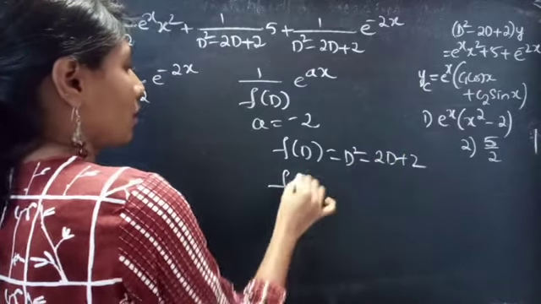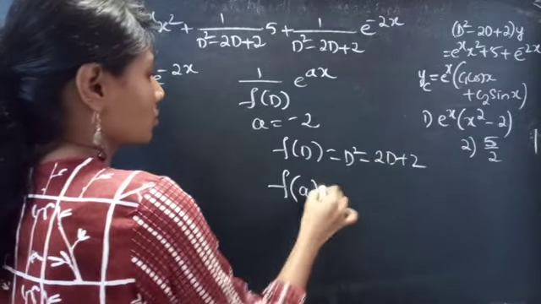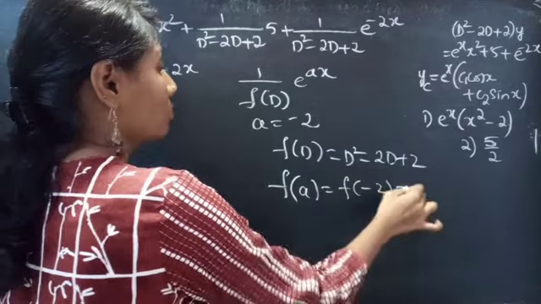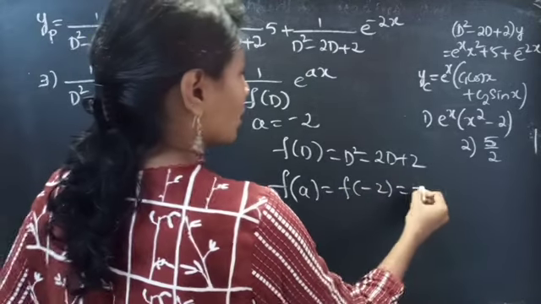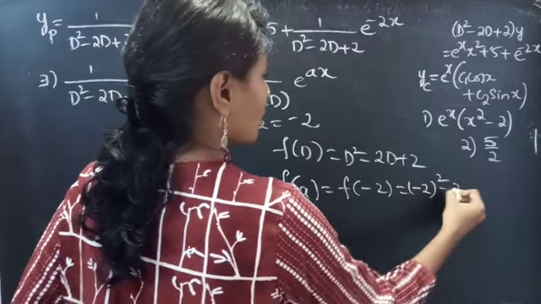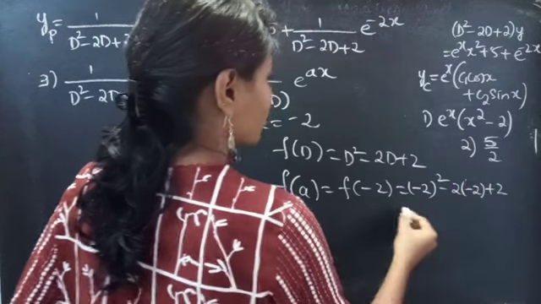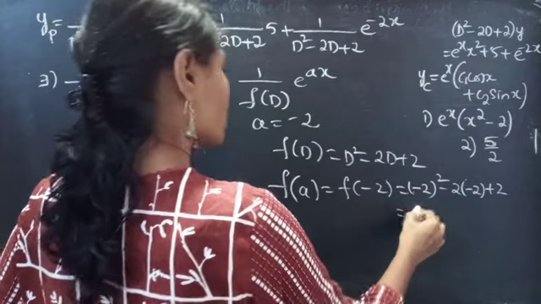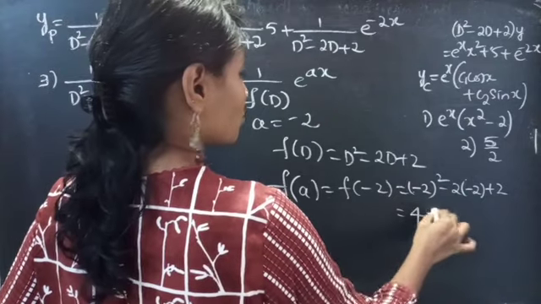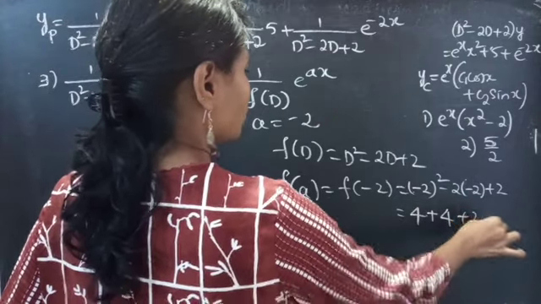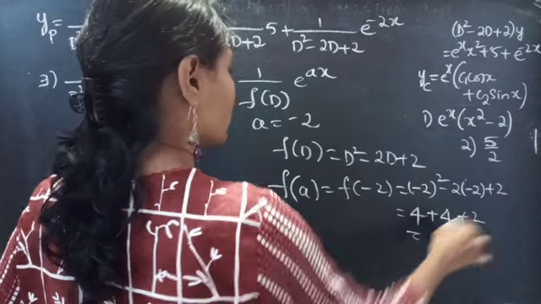Let's find f of a, which is equals to f of minus 2. Replace D with minus 2, then we'll get minus 2 whole square minus 2 into minus 2 plus 2, which is equals to 4, minus into minus plus 2, 2s are 4, plus 2, which is equals to 4 plus 4 is 8, 8 plus 2 is 10, non-zero.